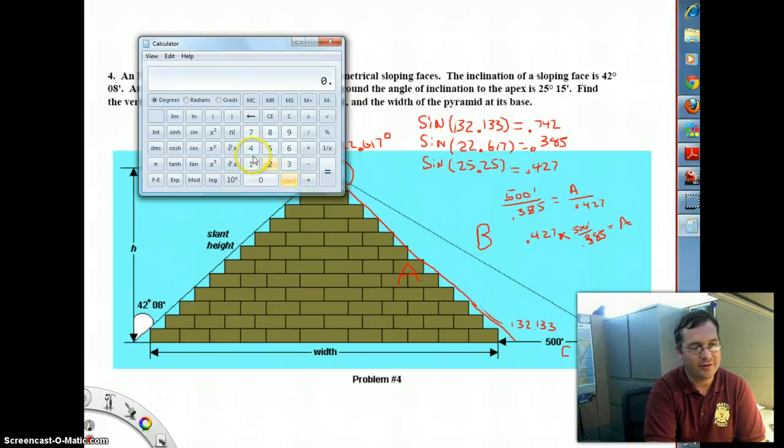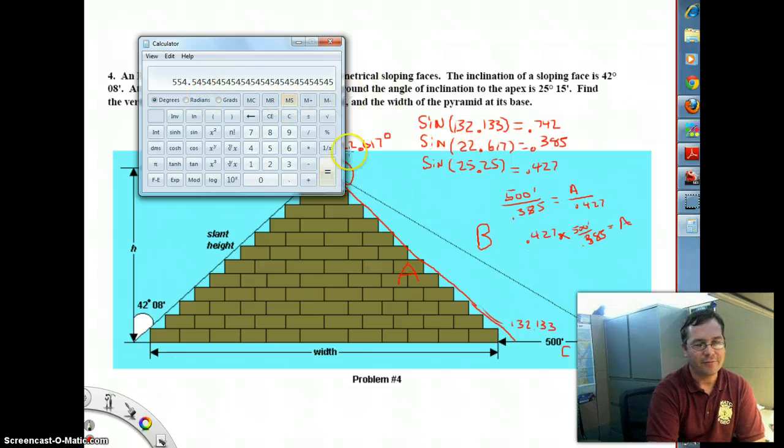So 0.427 times 500 divided by 0.385. Now if I think about it, 0.427 is bigger than 0.385, so I'm going to expect a number larger than 500. And I get, for side A, 554 feet, and then the 545 repeating.